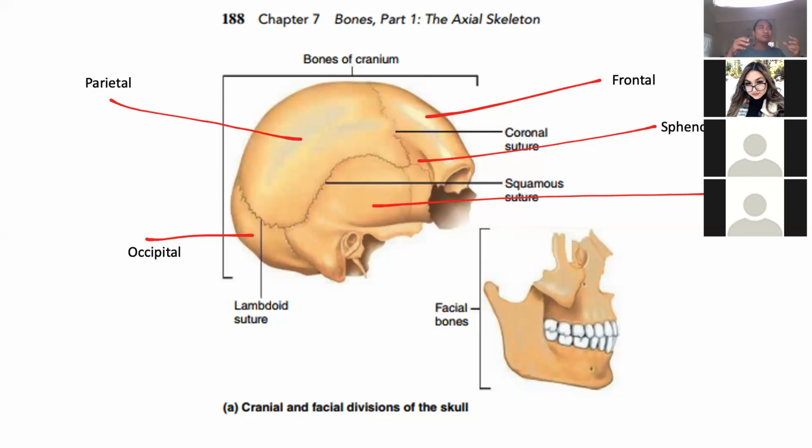So that is what we call lucid interval. So hit the head, lose consciousness, regain consciousness as if nothing happened. That is what we call lucid interval.